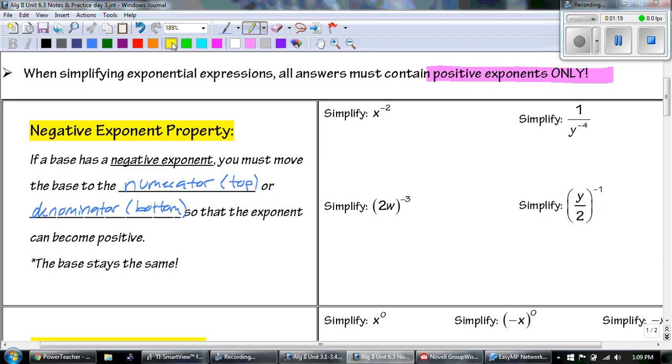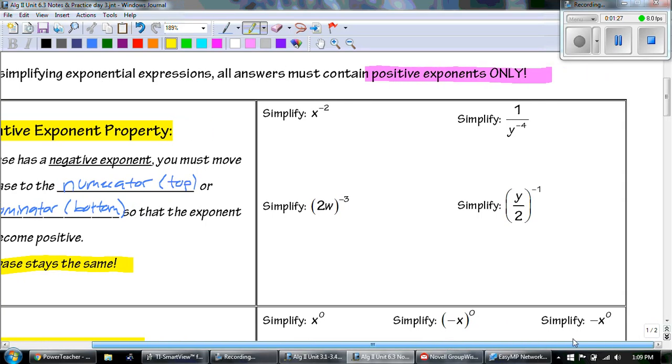And remember that the base stays the same. Okay, we said in class, if your exponent's negative, drop it like it's hot. If it's already on the bottom, move it to the top. Okay, so here we go.